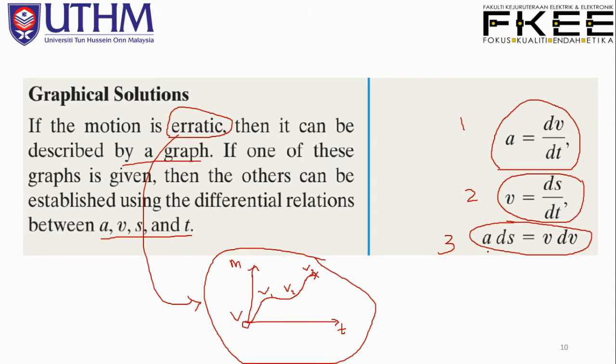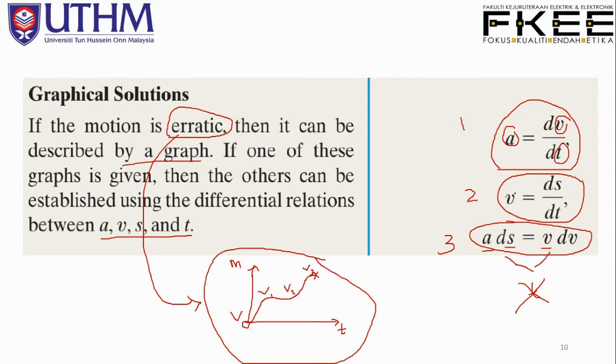What we don't have over here is t. We have a direct relationship between speed, the distance, and the velocity. Unlike the first and second equations, where we have the parameters a, the acceleration, v, as well as s and t, the time.